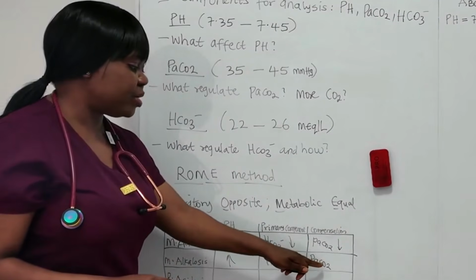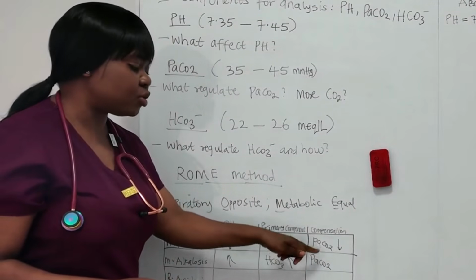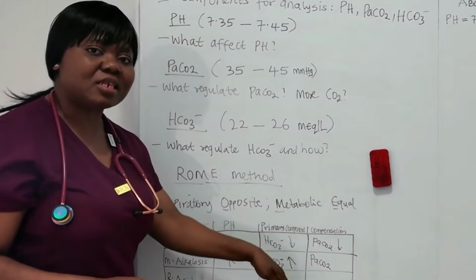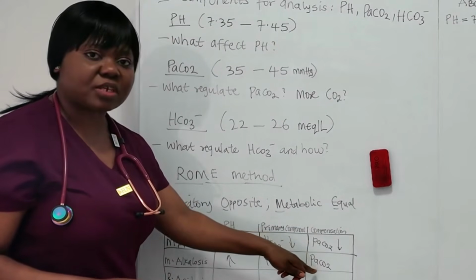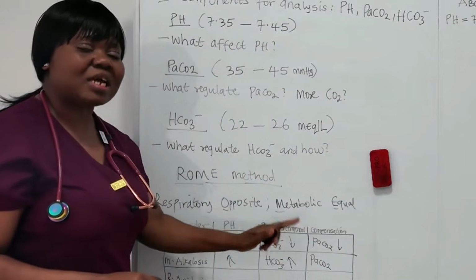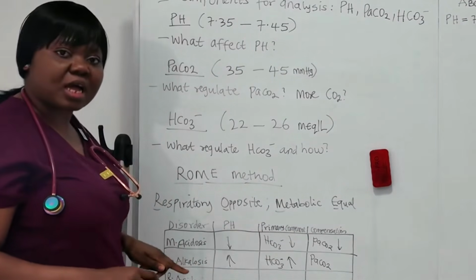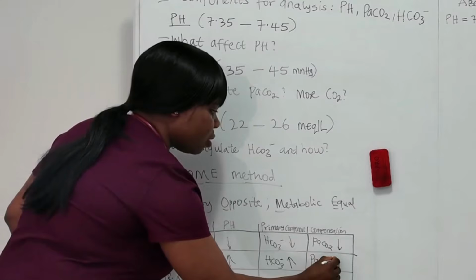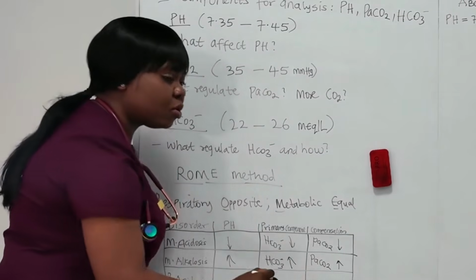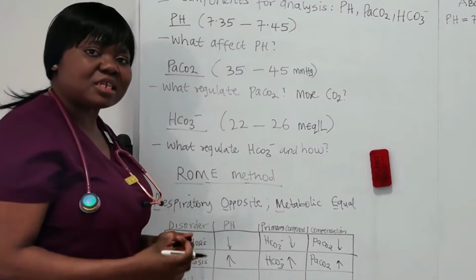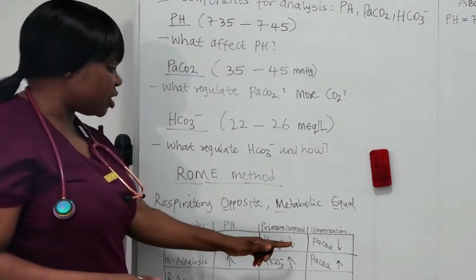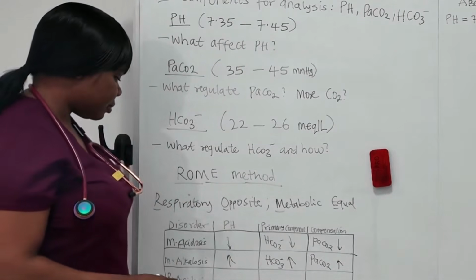So there's going to be a retention. So the lung is going to compensate by retaining carbon dioxide. It's going to retain carbon dioxide, and that will lead to an increase in carbon dioxide so that it can buffer that alkalosis. So the arrow here will go up, meaning showing that what? The lung is compensating by retaining carbon dioxide to decrease the pH.